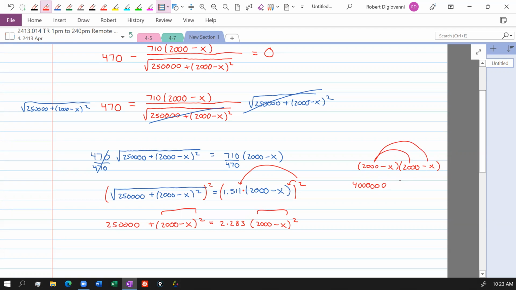And then here to here, that's going to be minus 2000x, then another minus 2000x, so minus 4000x. And then the last one will be plus x squared. So that's what I'm going to get. So I have 4 million, and then I have plus what we just got when we squared that.